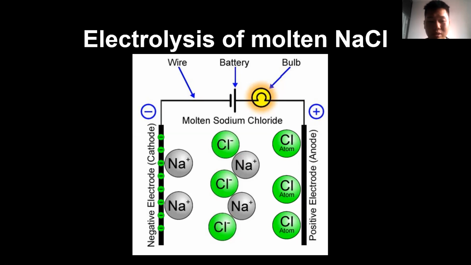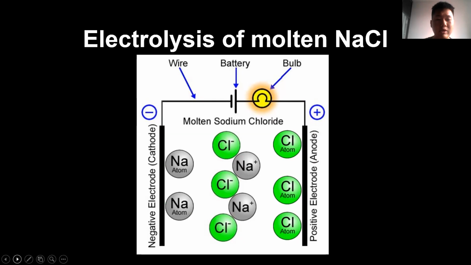So the positive Na+ will move to the negative electrode and form sodium metal. So this is what happens during electrolysis. From Na+ from NaCl, we form sodium metal and Cl2 gas.